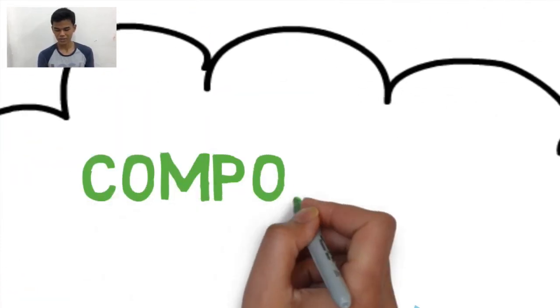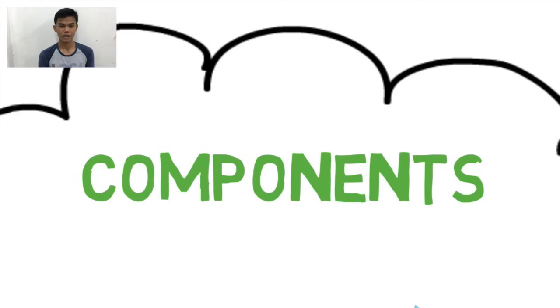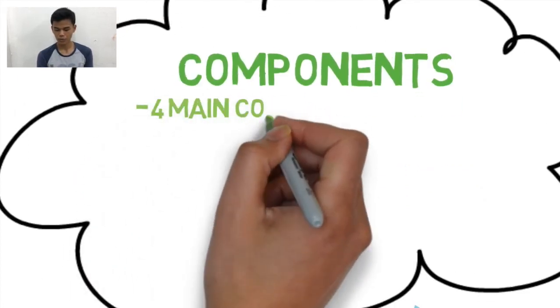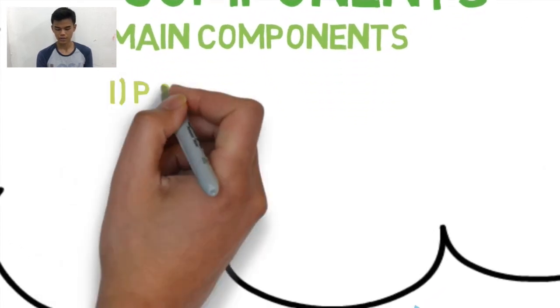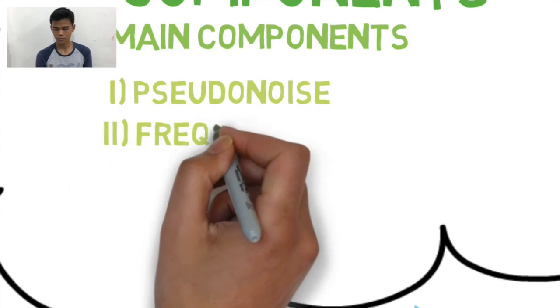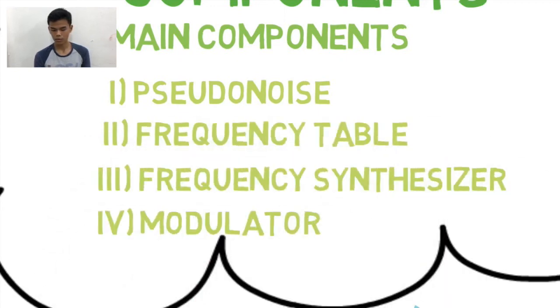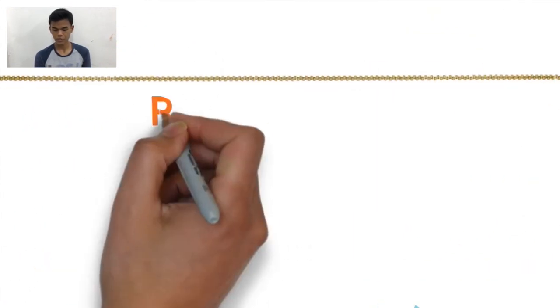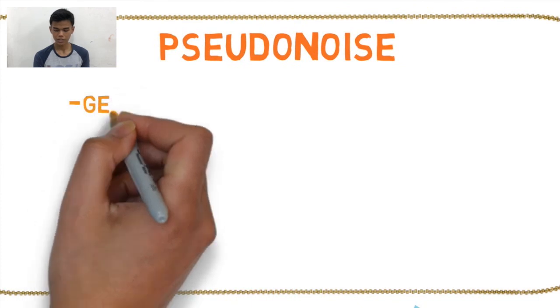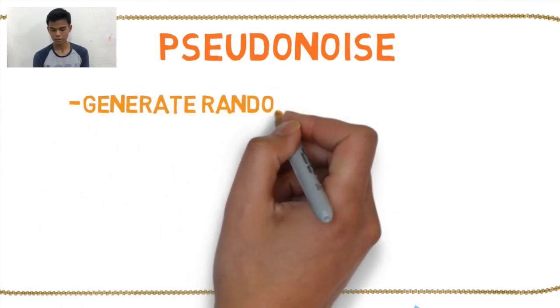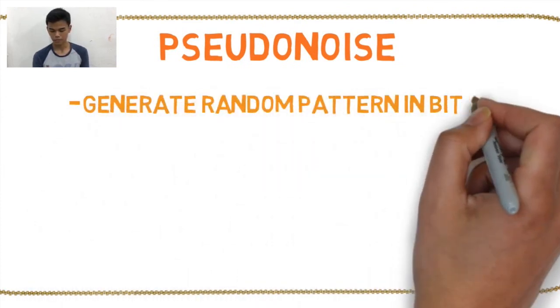Now, let's jump right into the components of FHSS. In FHSS, there are four components that play roles in the process, which are pseudo-noise, frequency table, frequency synthesizer, and modulator. The first one is pseudo-noise, also known as the pseudo-random code generator. The function of pseudo-noise is to generate a random predictable pattern in bit form.